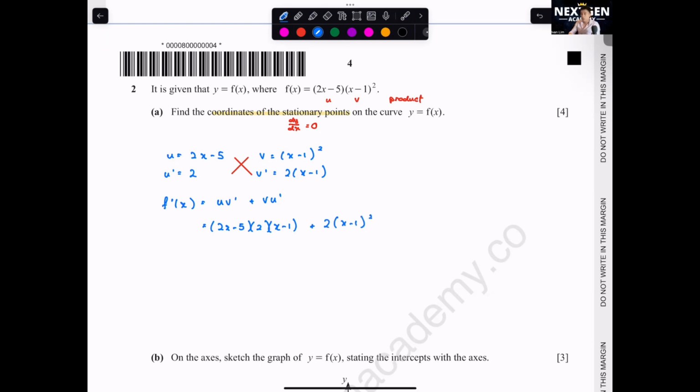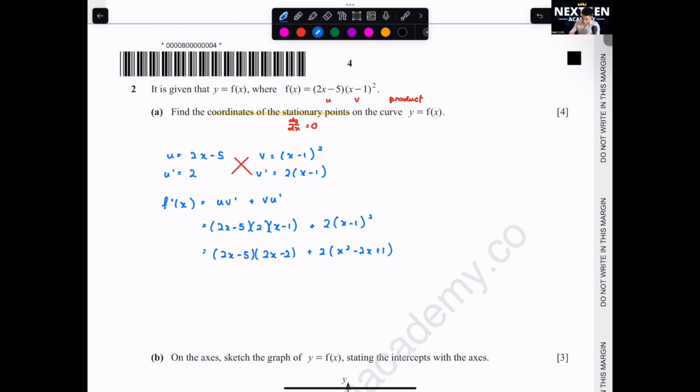squared. Okay, we can open up the bracket. This will be (2x minus 5)(2x minus 2) plus 2(x squared minus 2x plus 1).